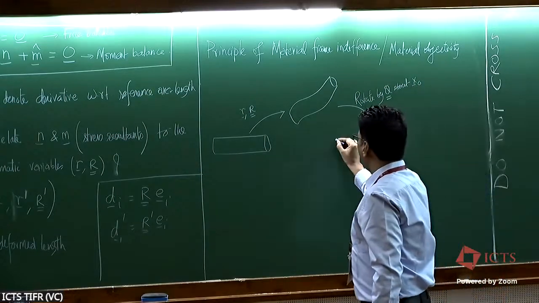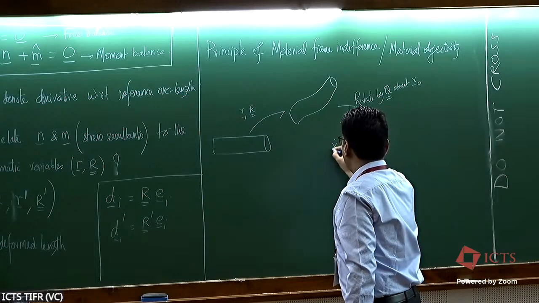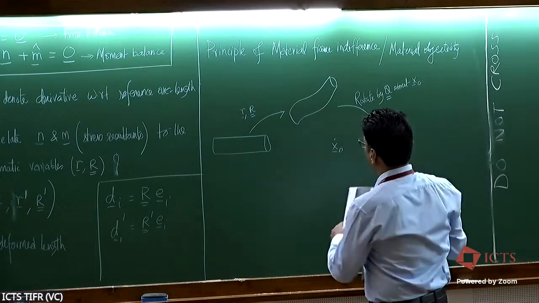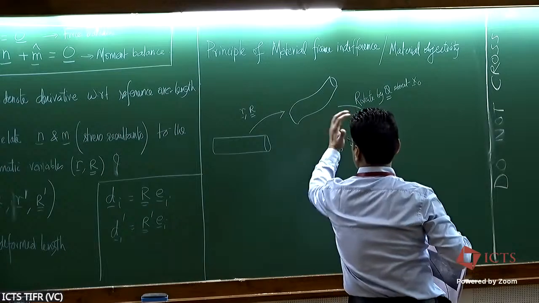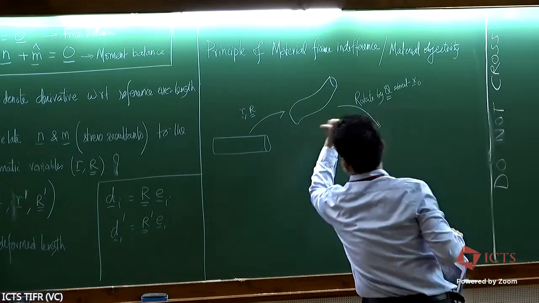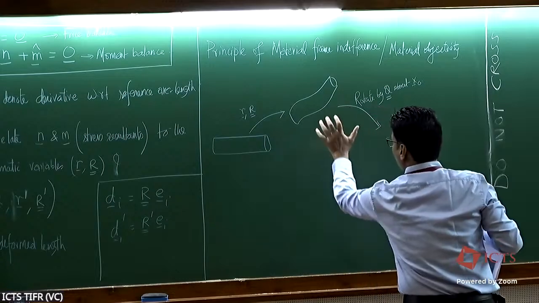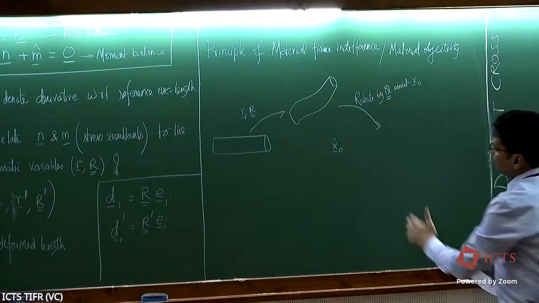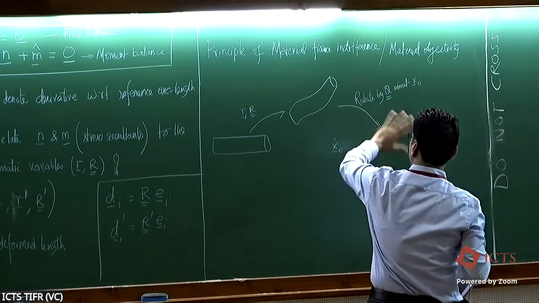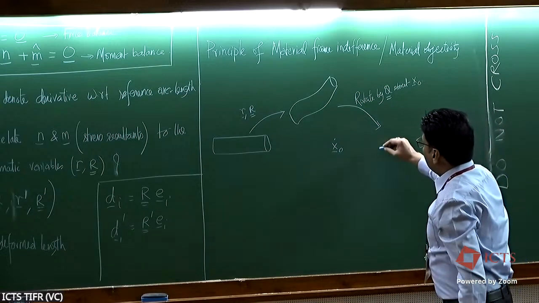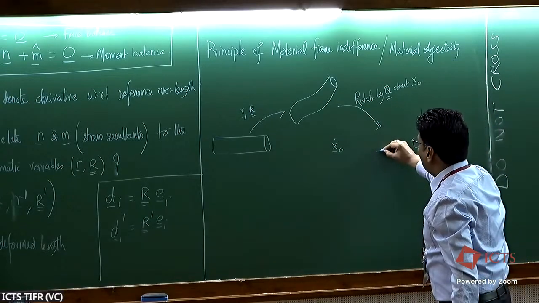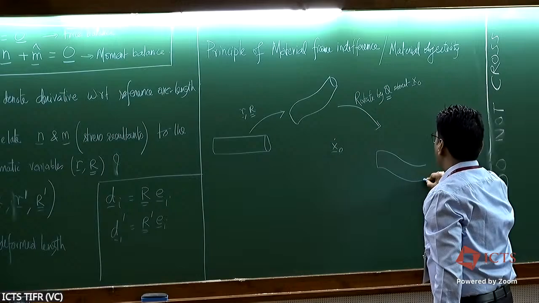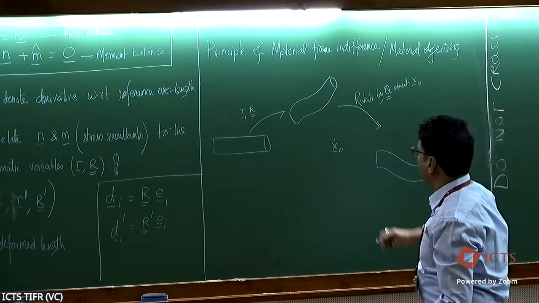Okay, so think of a point x naught here. And you are rotating this rod about this point x naught. And that axis could be like this, it could be like this, and the angle also could be arbitrary. So all that is captured in this Q. Supposing that Q is about this point so that you can draw a picture nicely. So this rod is going to become something like this, just rotate it.